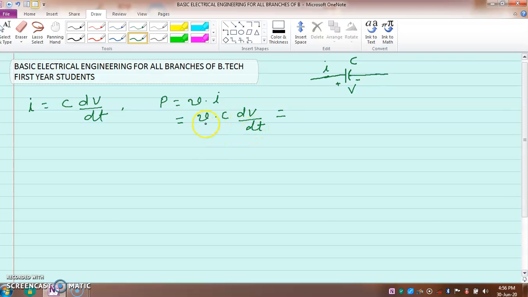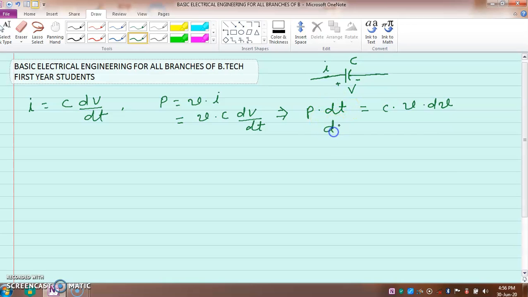If you multiply this power by dt, this equation gives you P multiplied by dt equals C multiplied by V multiplied by dV, and this is power multiplied by time, so it is called energy.